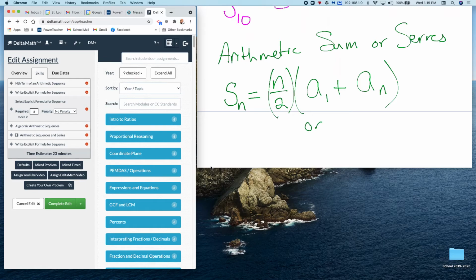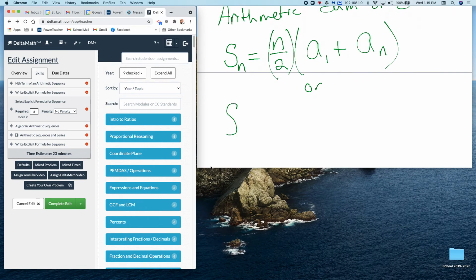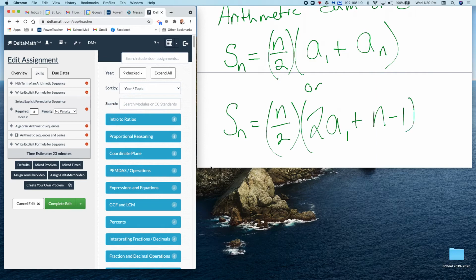Now that's great, but now you have to use that formula for a sub n. So we could simplify that and say that the sum is n divided by 2 times 2a sub 1 plus n minus 1 times that common difference.